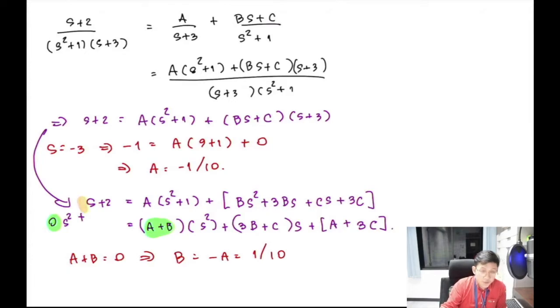The coefficient in front of s is 1, and here it is 3B plus C. So we have 1 equals 3B plus C. But we know that B is 1/10, right? So 1 equals 3/10 plus C, which means that C is actually 7/10.